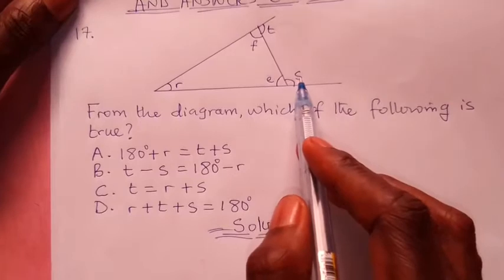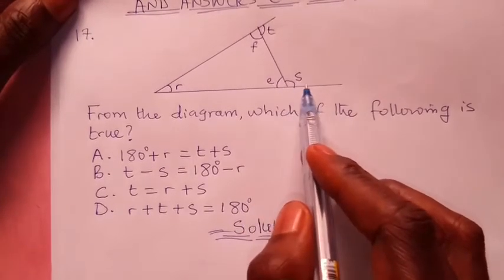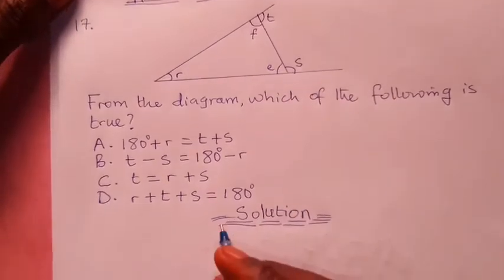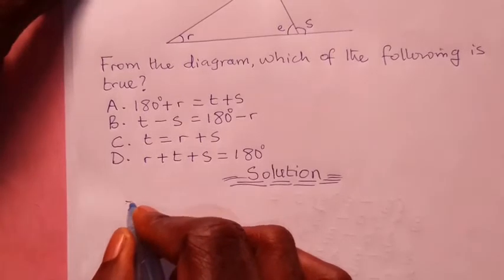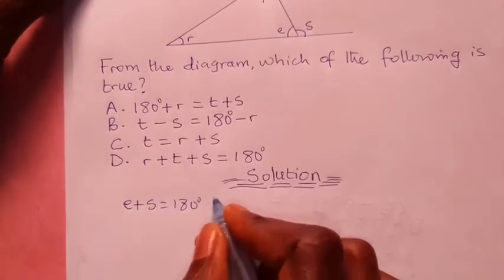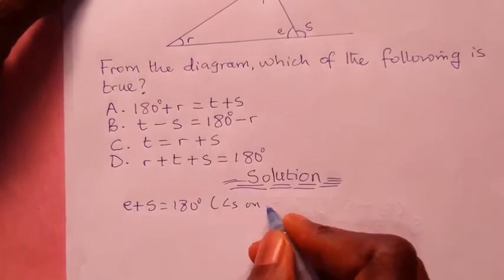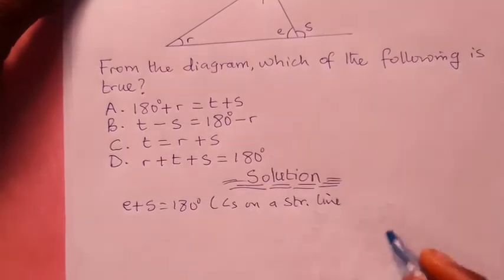E and S, if we sum them both up, they're going to give us what? 180 degrees. So let's start with that first. E plus S is equal to 180 degrees. That is angles on a straight line.